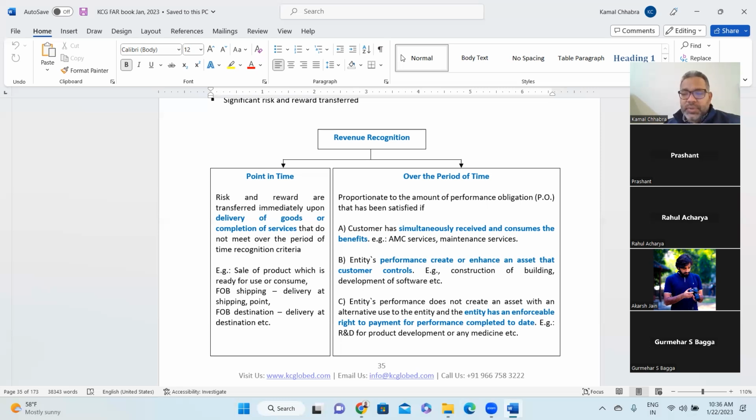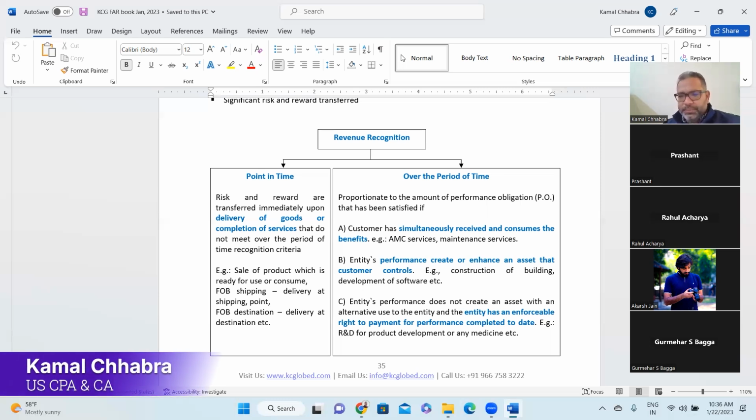In this scenario, Rahul will recognize the revenue over the period of construction. Let's assume the total time is 1.5 years or maybe 2 years. So Rahul will recognize the revenue over 2 years based on the respective percentage completion of the house. Right? Make sense?